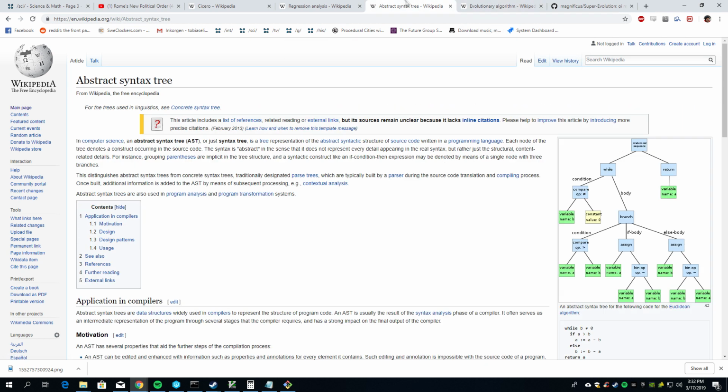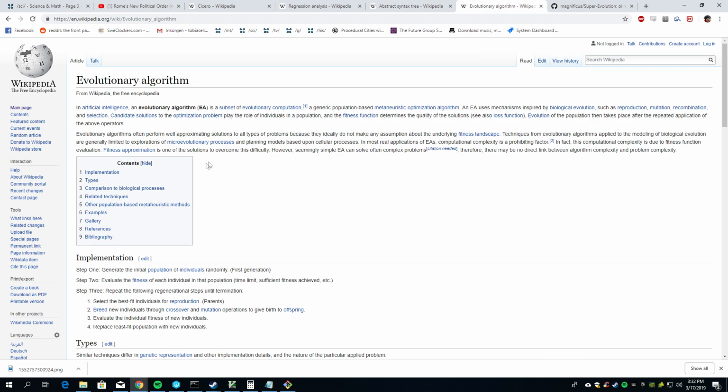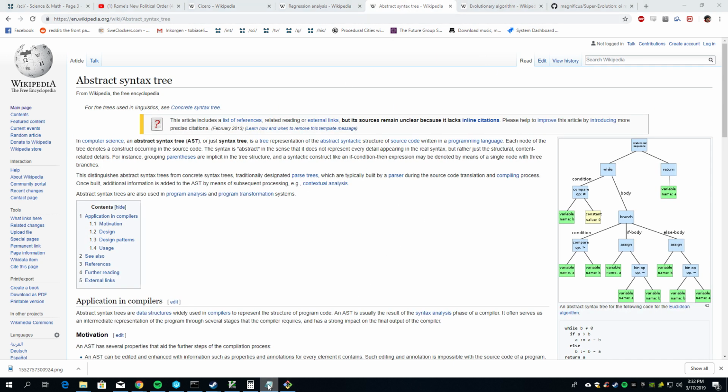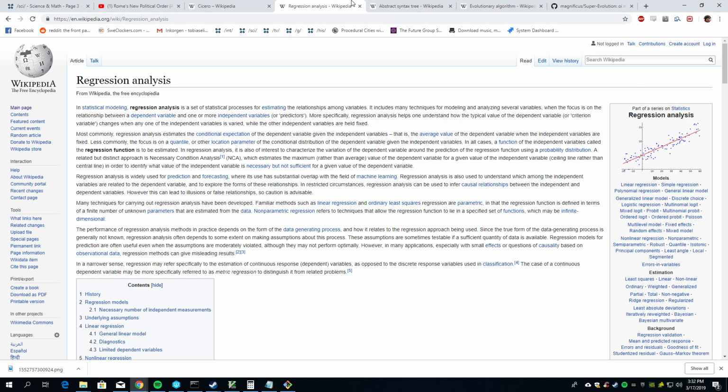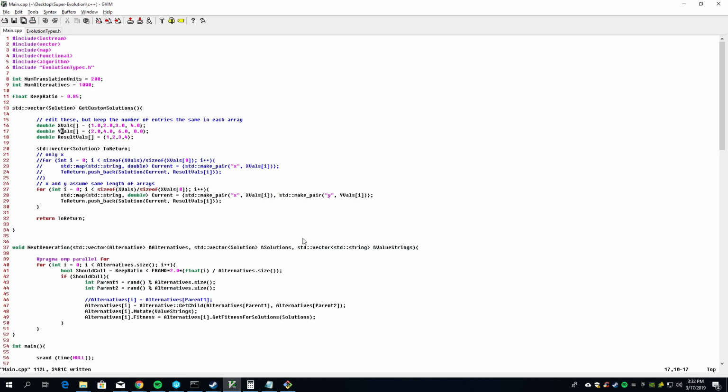What was most interesting about this program, I think, is the way I represent these abstract syntax trees in terms of evolutionary algorithms and genetic data. This program could be interesting because it allows us to look at very arbitrary data and find equations that describe them.